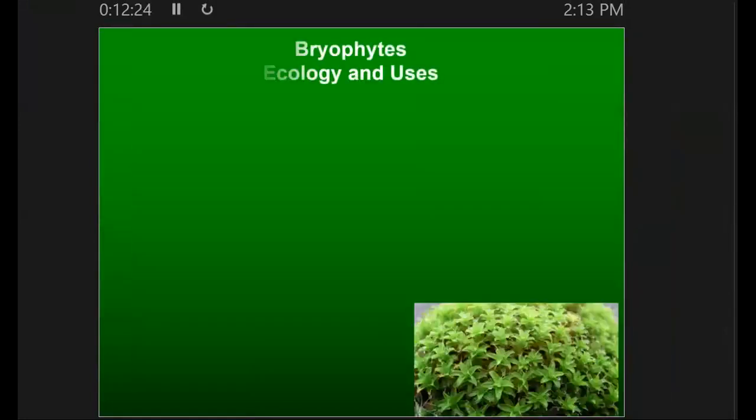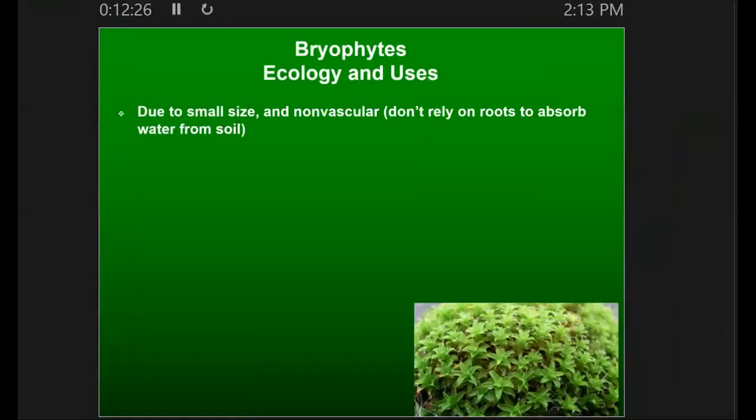I did want to talk to you a little bit about some of their ecology and uses. And so they are found in places that vascular plants just can't survive, because the bryophytes don't have roots. They don't have to mine the soil for water and minerals.